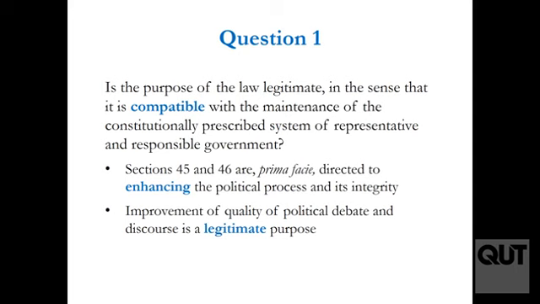So, again, on the facts of the problem question that we have, the stated purpose of the law is to improve the quality of political debate and discourse in Australia. So with that in mind, Section 45 seeks to prohibit people from publishing advertisements that are untrue, misleading or deceptive during an election period. Section 46 is a bit broader and it does the same thing for political candidates.